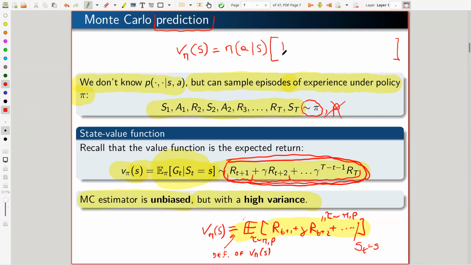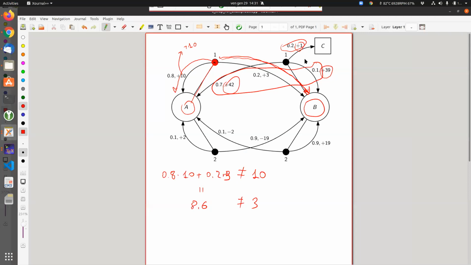This is what we called, with the tabular notation, the expected value of the reward from the state S doing the action A. I don't know if you remember this notation. Okay, and then go on. Now we are in a state that is B or A, it doesn't matter.